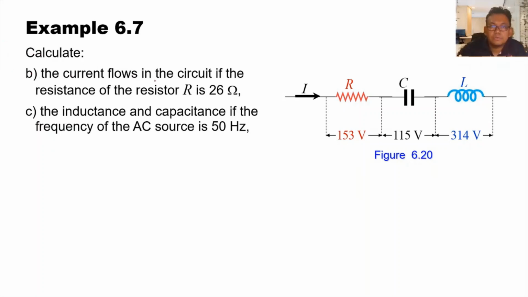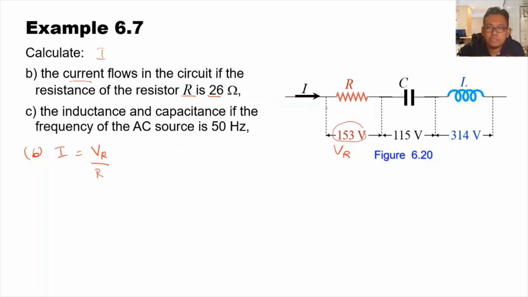Okay, now we move to question B. The current flowing in the circuit if the resistance is given as 26 ohm. So the question asks for the current I. We are given this VR here, so we can just use I equal to VR divided by R. Look here carefully: it's not the applied voltage, but this value is given across the resistor only.